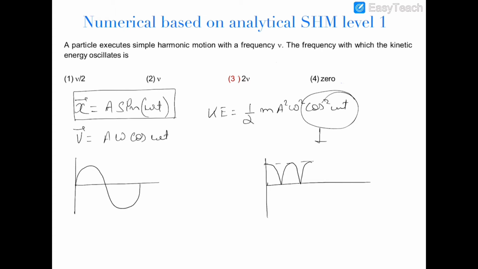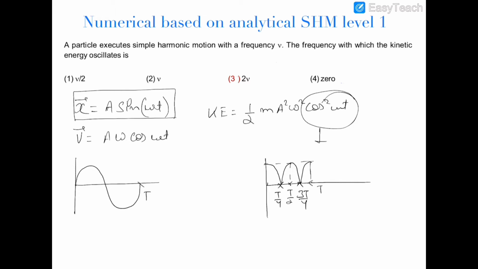And therefore you can see that if the time period of the SHM is t, then the kinetic energy is changing, and in fact this time is t by 4, this time is t by 2, this time is 3t by 4, and this time is t.